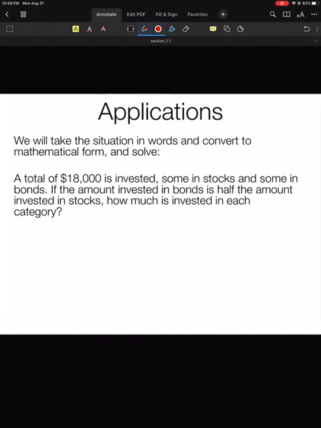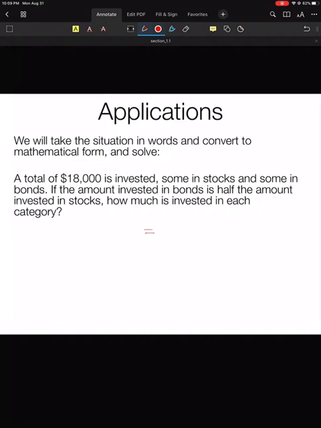I'm eventually going to need an equation, and we know, since we're in the linear equations section, that it's going to be a linear equation. On the left-hand side of that equation is going to be the total invested. We don't know how much is in stocks and in bonds.